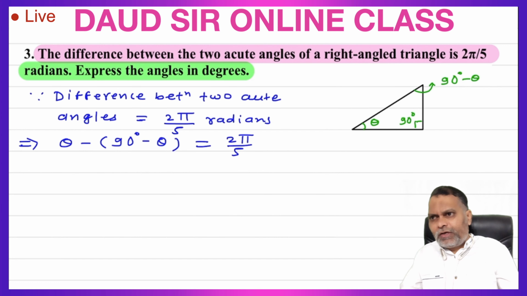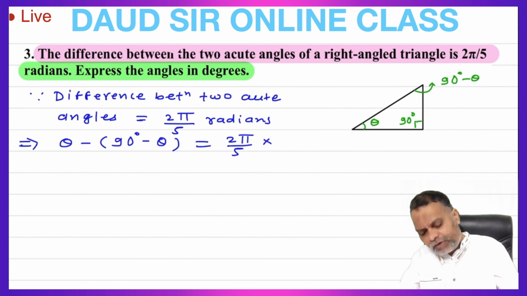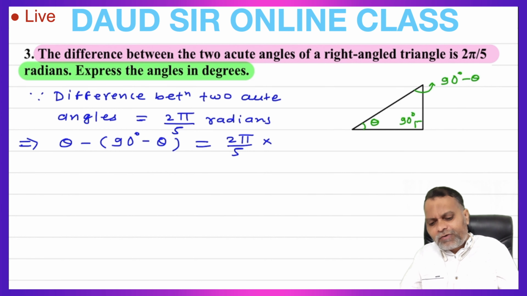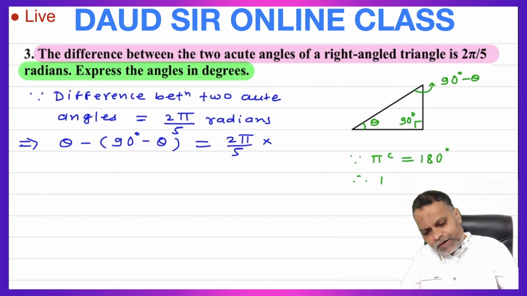So here we substituted the angles in degrees, so we have to convert this radian into degree also. So for converting radian into degree, since pi radian is equal to 180 degree, therefore 1 radian is equal to 180 by pi degree.